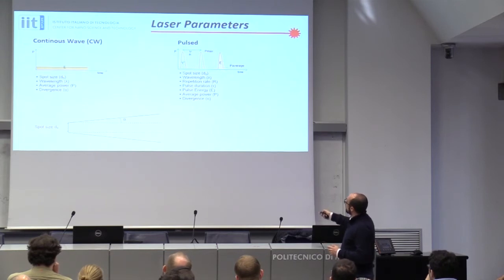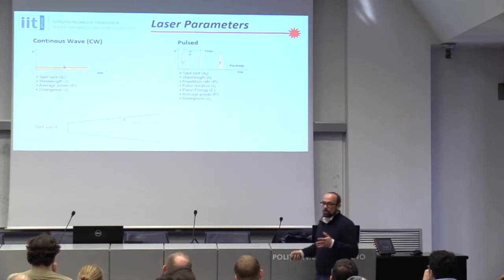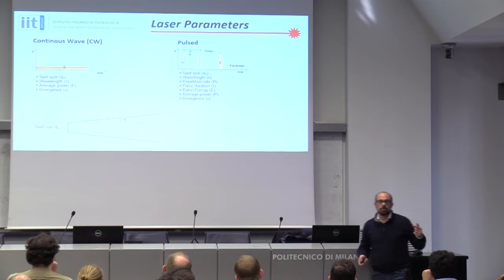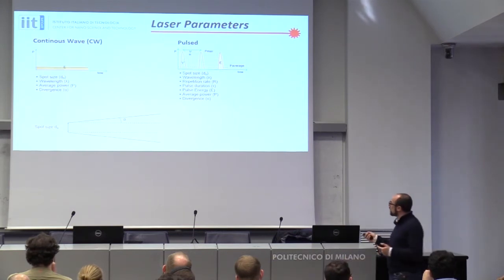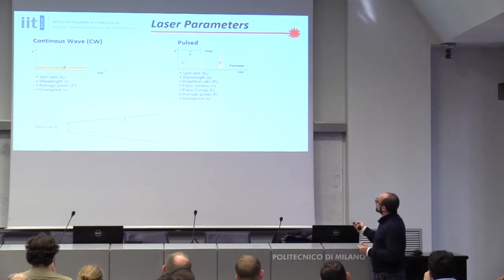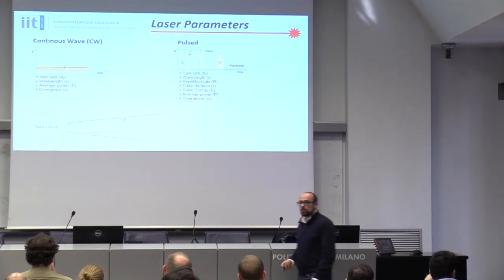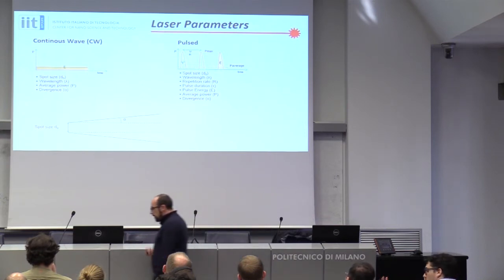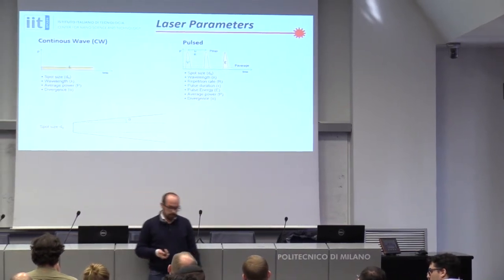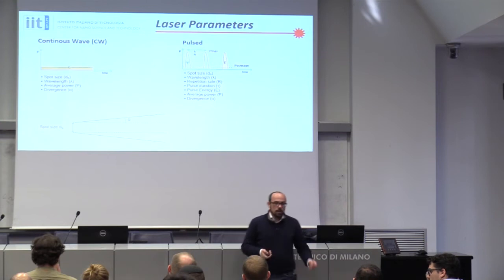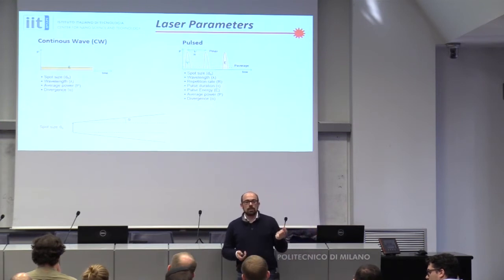When you get to pulsed lasers, things are a bit more complicated because the number of parameters playing a role is quite different. Of course, you still have the spot size. Of course, you have the wavelength, the average power, but then the pulse duration and the repetition rate are going to play a role too, because depending on the repetition rate, for example, you may or may not have time for biological tissue to thermalize after it was excited.